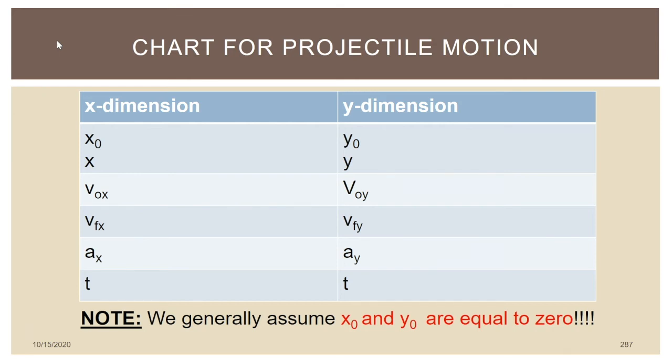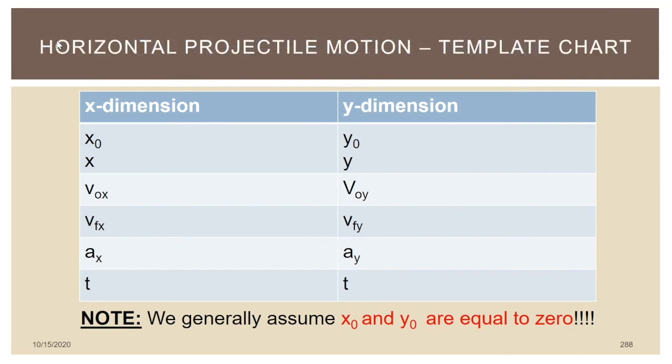Okay. So next thing I want to do, I know it's annoying that you just wrote down this chart, but I do want you to draw it again, because you're going to have to get used to that. We're going to be doing this every time we solve one of these problems. The chart is going to look very similar for every horizontal projectile problem that you do.